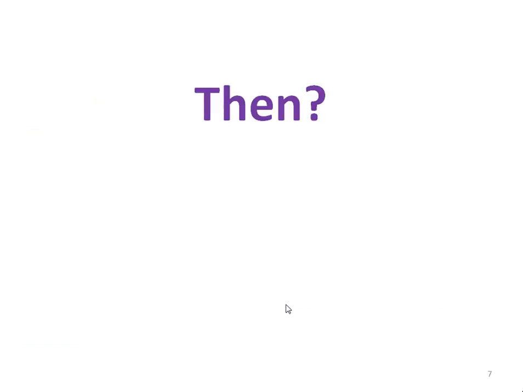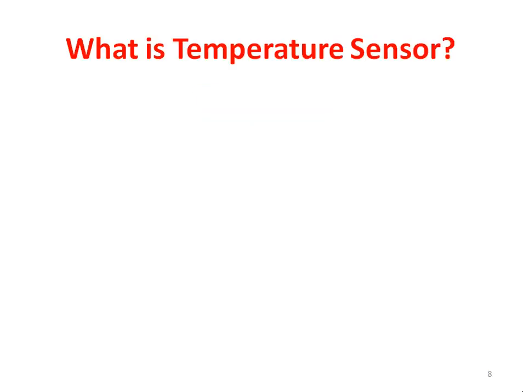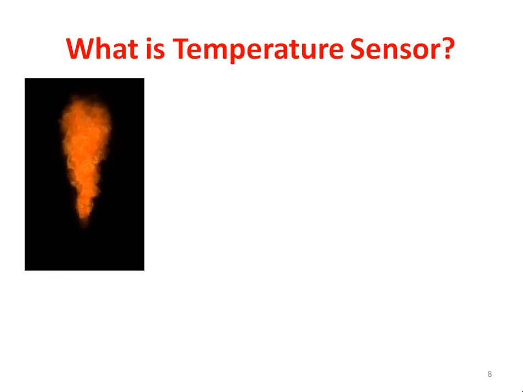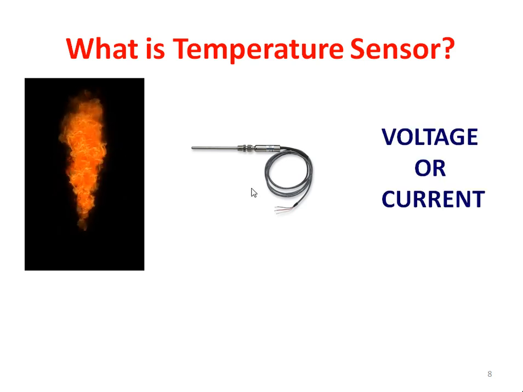Then how do you measure the temperature? We need a temperature sensor. So what is a temperature sensor? Assume there is a boiler or there is heat. Your temperature sensor is one type of transducer which converts a physical quantity into an electrical signal.